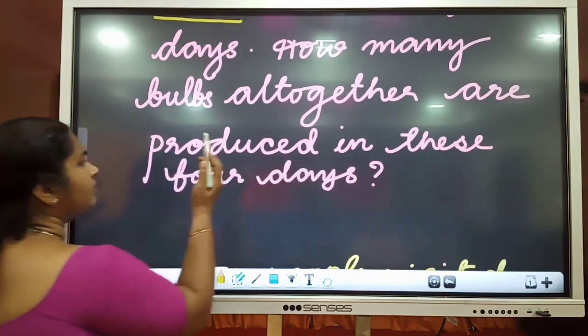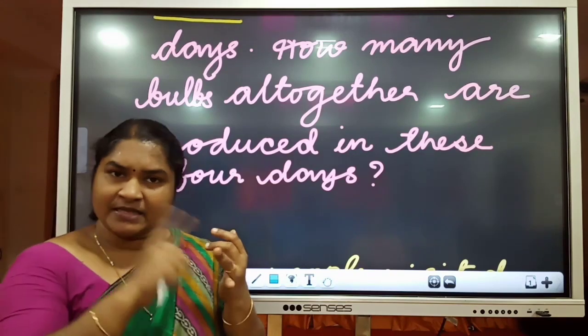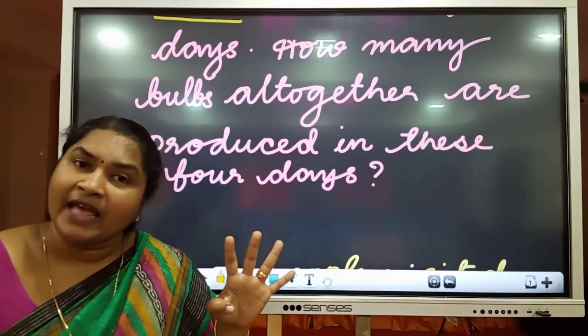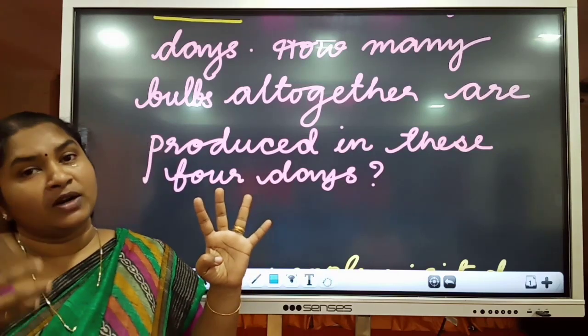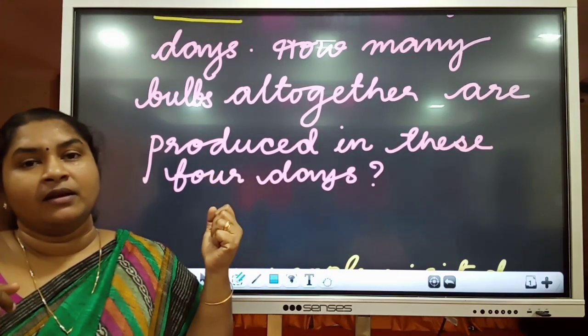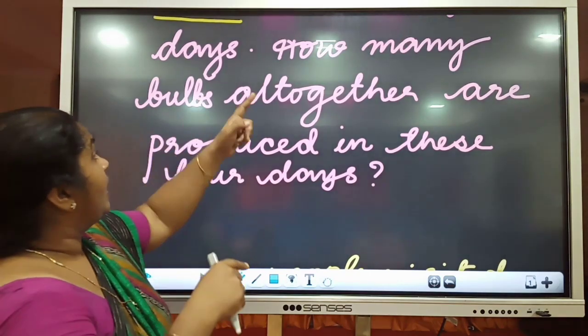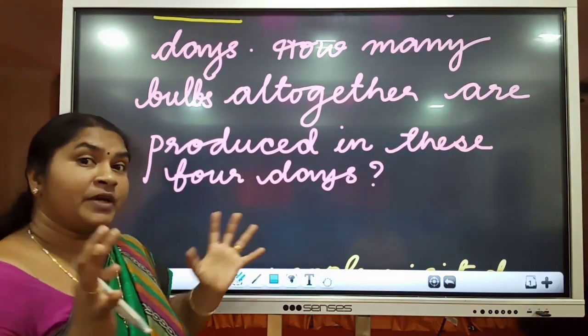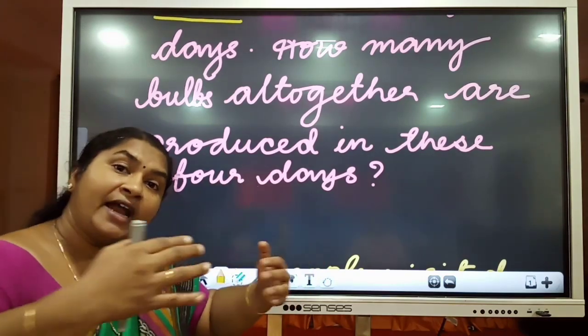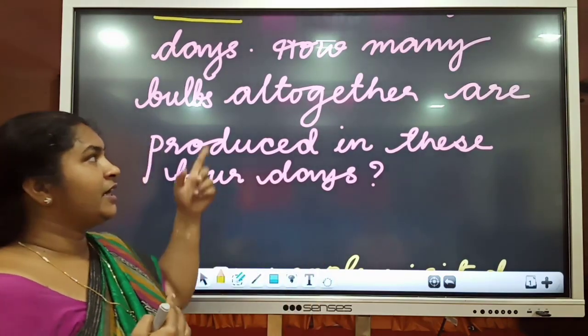What is to be done? First day, second day, third day, fourth day. 4 days were given and 4 numbers of bulbs also were given here. The question is, how many bulbs altogether? That means we should add all the 4 numbers which are given here.